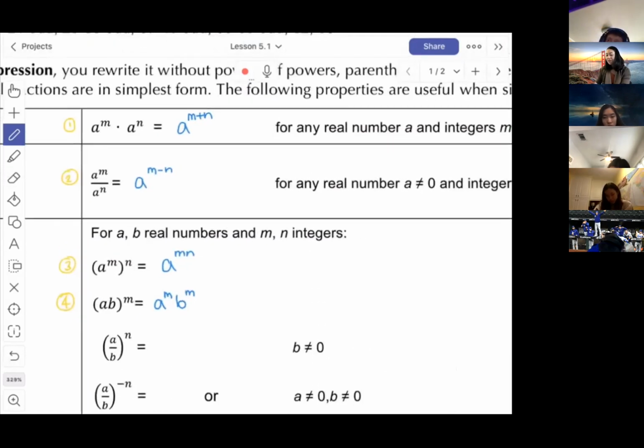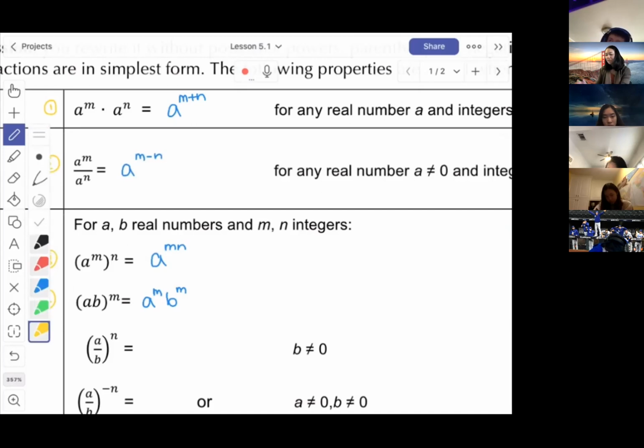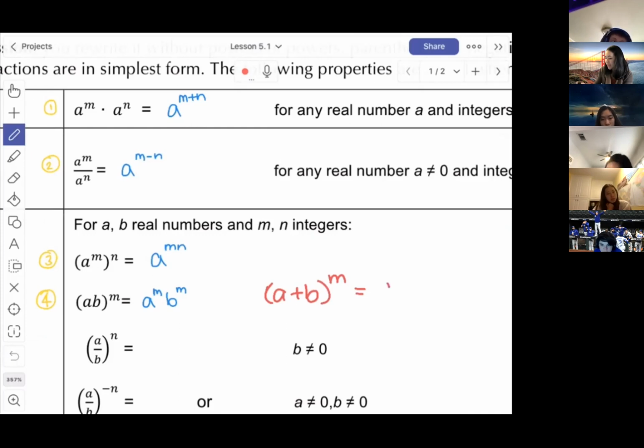Now, let me give you guys a warning here because I see so many students do this, even in honors, even in AP classes. I see students do this all the time. Please do not do this. a plus b to the m is equal to a to the m plus b to the m. Not true. Okay.